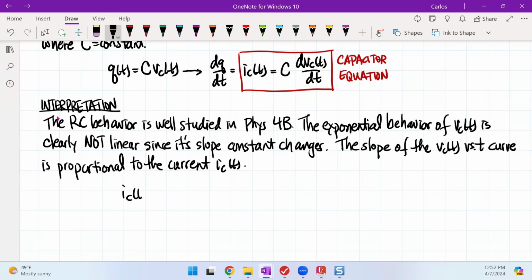The capacitor equation shows this, that the slope, which is dV/dt, is proportional to IC of t.